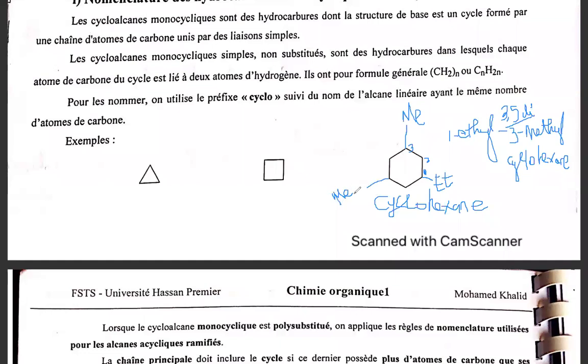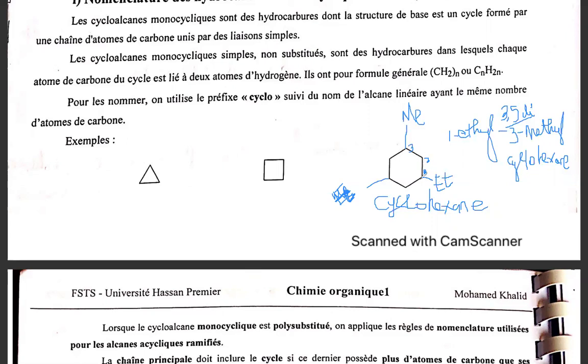Now, in a case where you have an ethyl there, the order will be 1, 2, 3. Then you have your 4 and your 5.